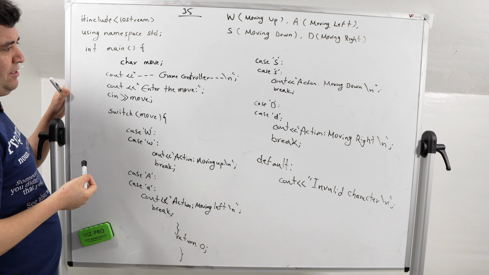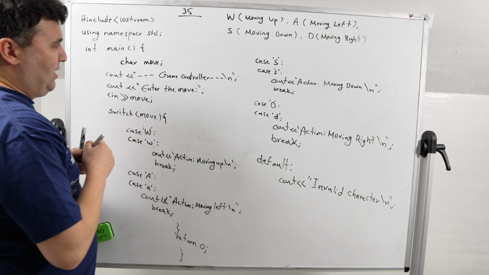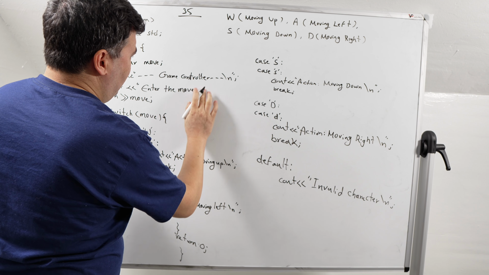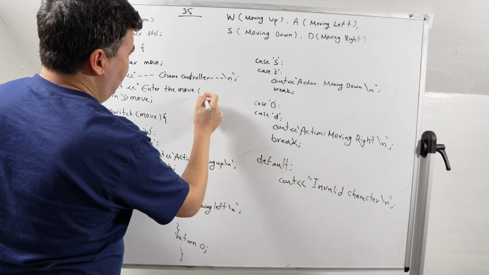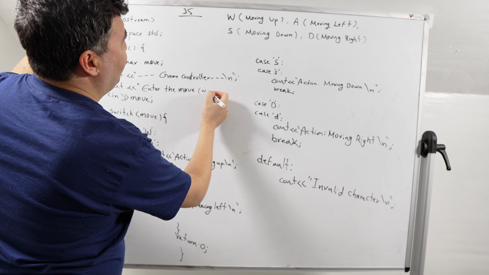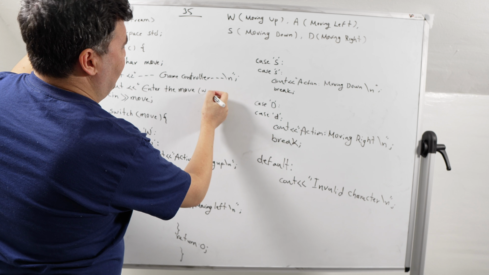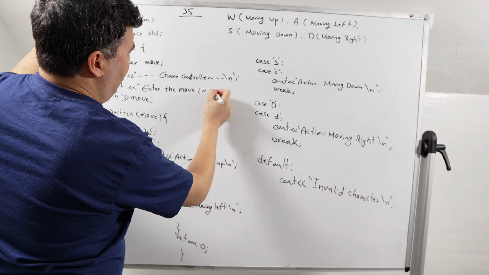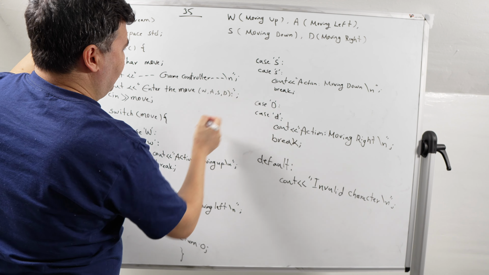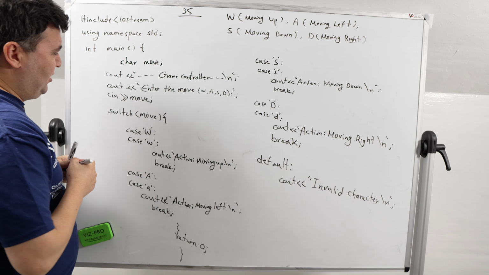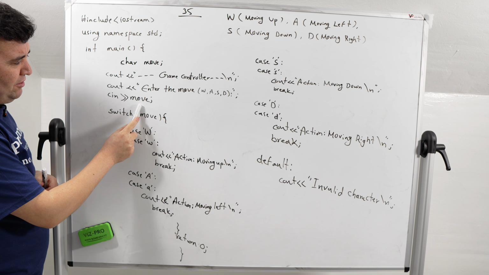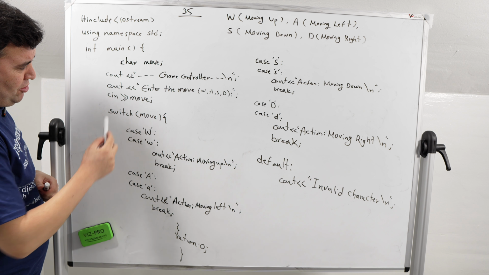We ask the user to enter the move, and inside the parentheses I can say W, A, S, D. Whenever a user enters one of those characters from the keyboard, we store that character inside the move variable, then we switch the move.